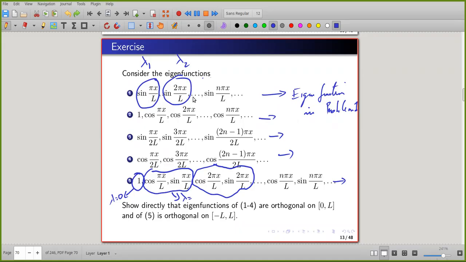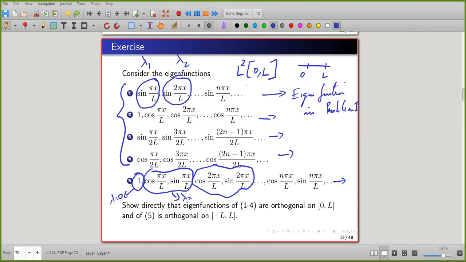The ones from 1 to 4, we will treat them as elements of L2 0 comma L. So we are looking at the normed linear space L2 0 comma L, this interval 0 to L, and we are treating these as functions.